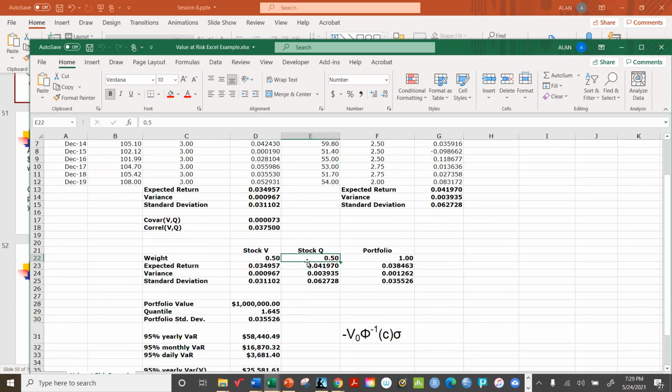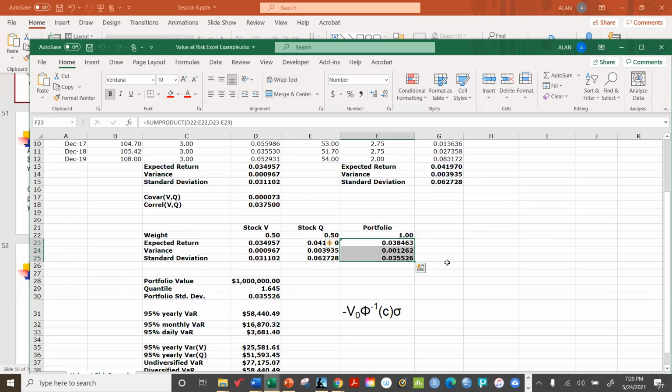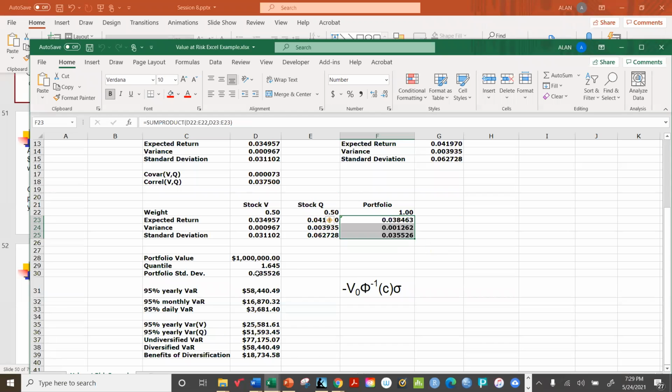I've got the weights, and I have for the portfolio right here, the returns, the variance and the standard deviation. And then here's the value at risk per single year. But what happened here is that this is exactly the same as what you're used to seeing, but the trick was the portfolio volatility. I had to do that. It took a while to get that done.